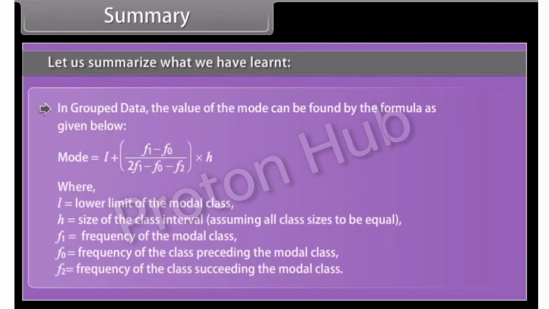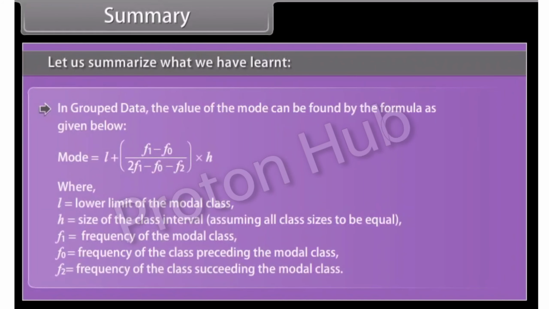L plus (f1 minus f0) divided by (2f1 minus f0 minus f2) multiplied by h, where L is equal to the lower limit of the modal class, h equals the size of the class interval, assuming all class sizes to be equal. f1 equals the frequency of the modal class, f0 equals the frequency of the class preceding the modal class, f2 equals the frequency of the class succeeding the modal class.